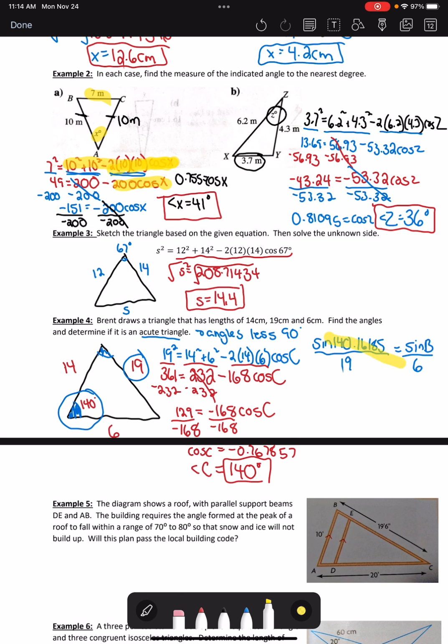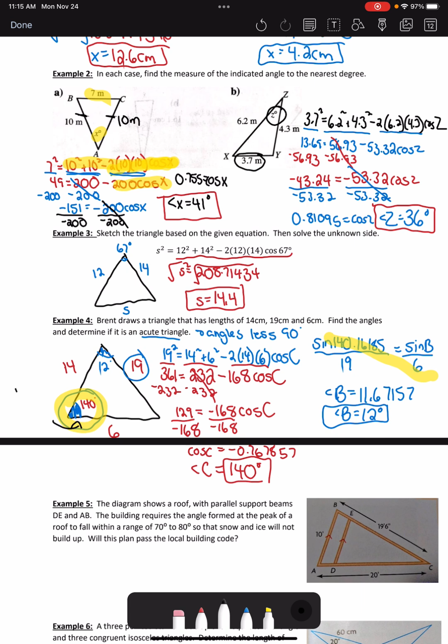So then I just cross multiply and divide, and I'll find that angle B ends up being 11.67157, which rounds to 12 degrees. Okay. Right away, though, I can find the third angle, but as soon as I find this 140, I can actually answer the question.